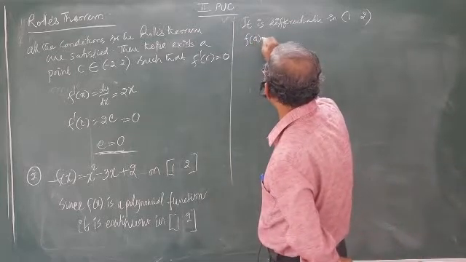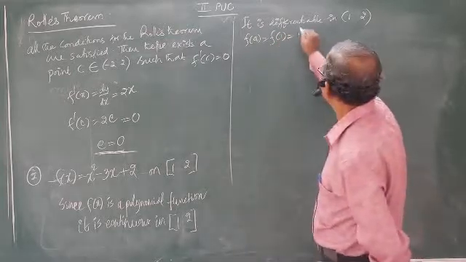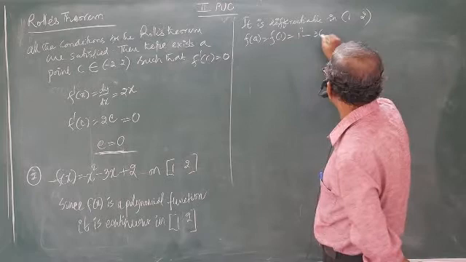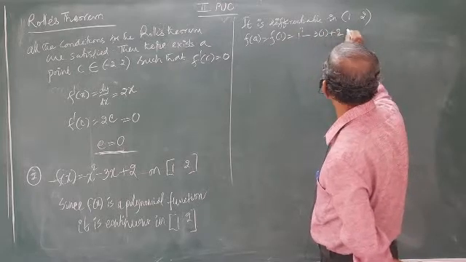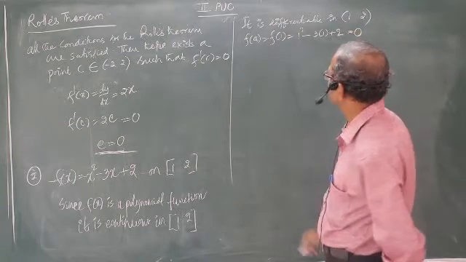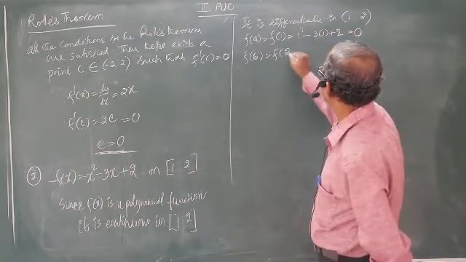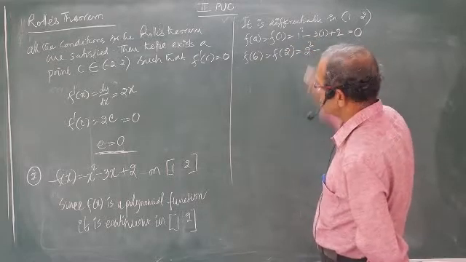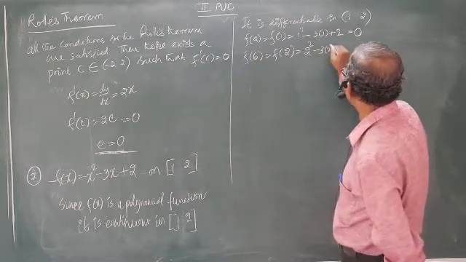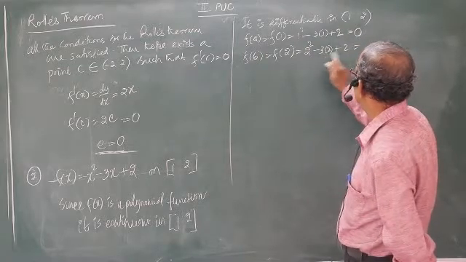F of A or f of 1 equal to 1 square minus 3 into 1 plus 2 equal to 1 minus 3 plus 2, which is 0. F of B equal to f of 2 equal to 2 square minus 3 into 2 plus 2, 4 minus 6 plus 2, which is 0.